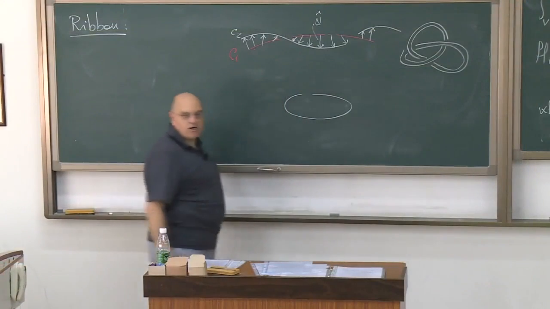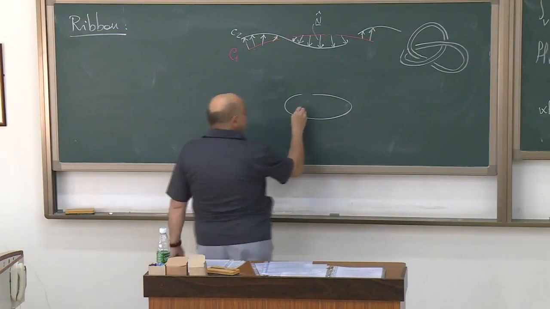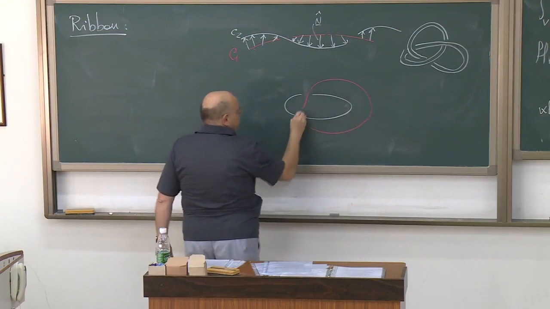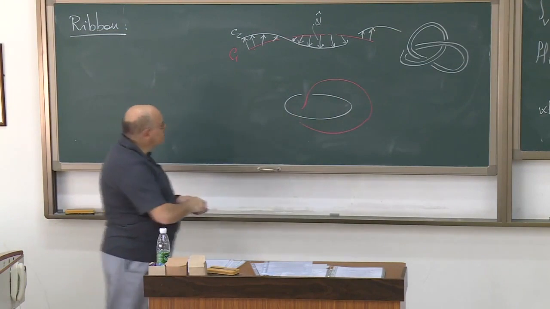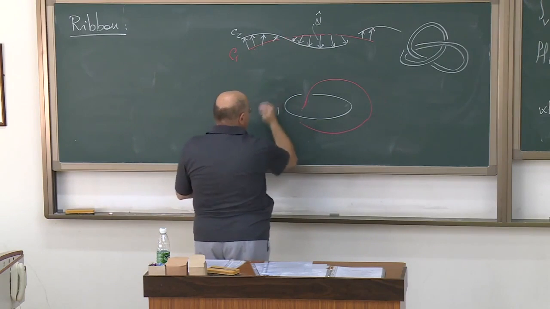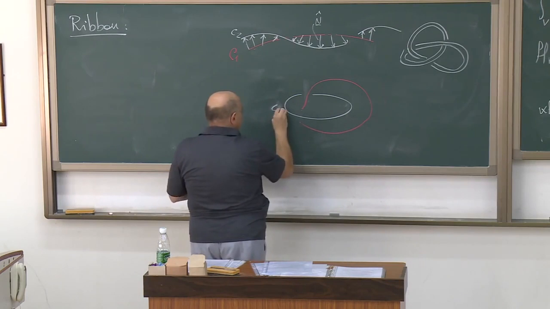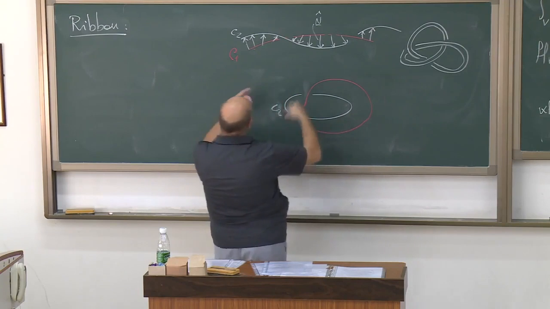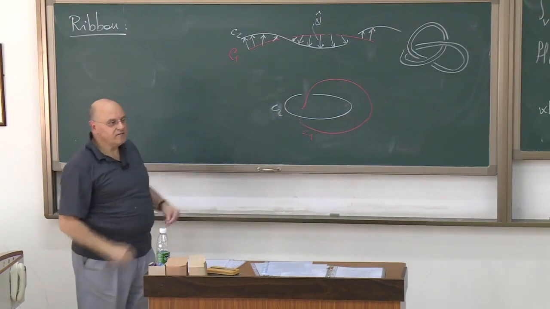We have one curve and a second curve linking with the first. So this is C1, and this is C2, whatever you like. I wanted to reverse the colors, but it's too late now.